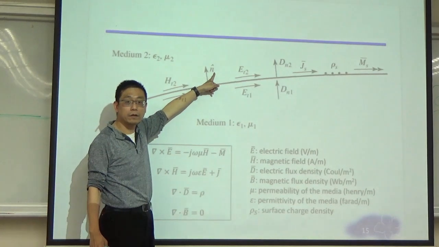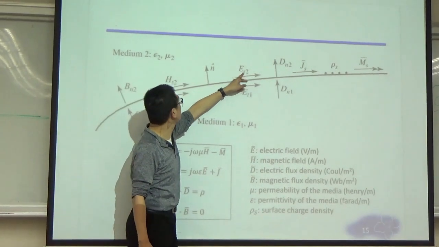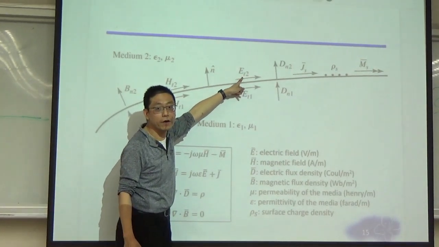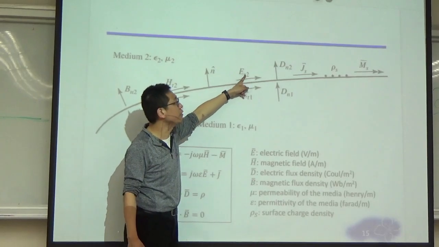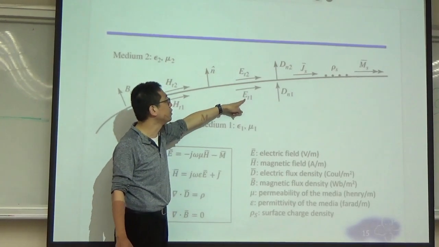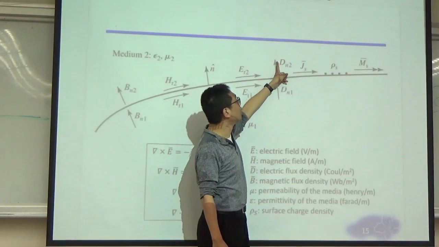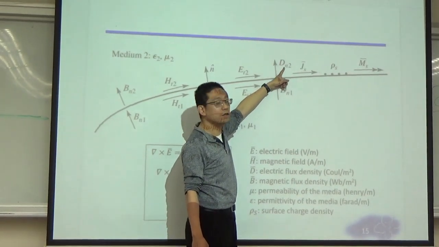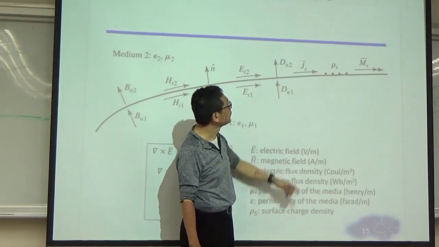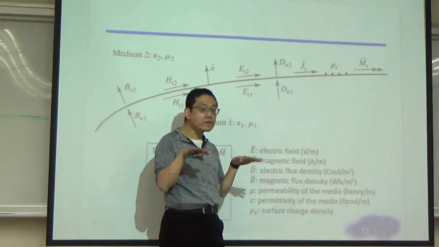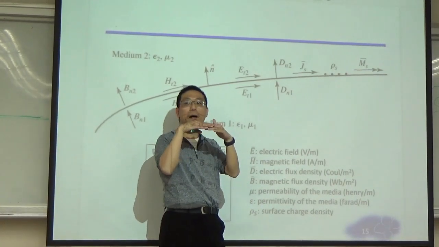And ET, also the tangent E field in media 2 and media 1, and normal D, Dn2 and Dn1. And there are sources on this boundary.